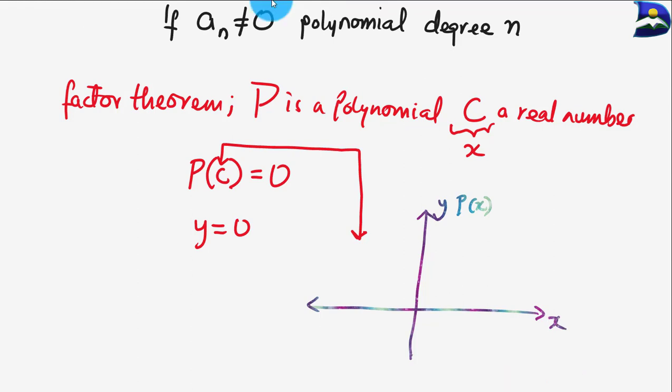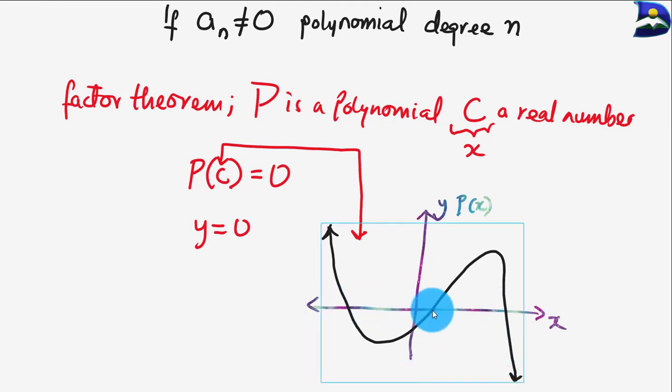If we have a polynomial curve that is shown in this particular pattern or manner, this in this case implies that we have a negative n behavior on the right side, which means that this here has 3 points of intersection, which means that the intersection on the x-axis is considered to be where p at c is equal to 0, or p at x is equal to 0.